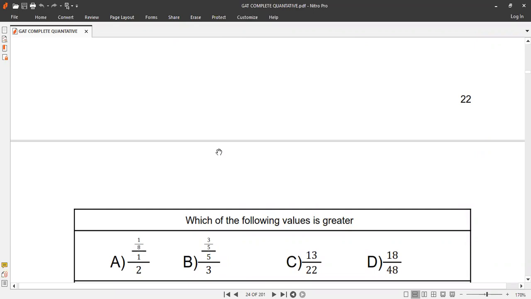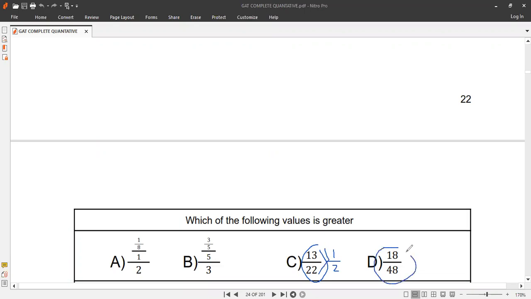So you want the greatest value. Guys, first let me change them all to fractions. This is ready. But let me use benchmark fractions. 13 over 22, because 13 is greater than half of 22. This is more than half.